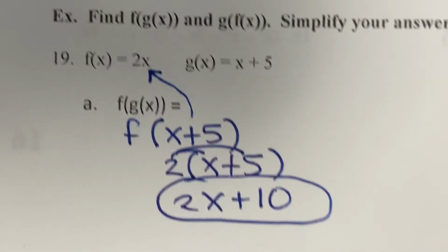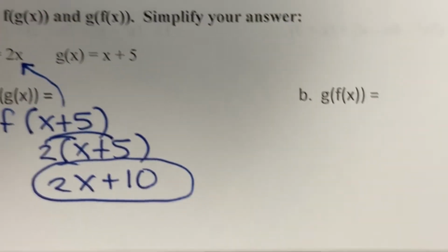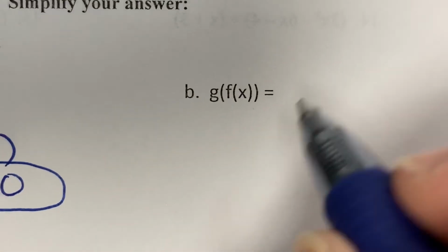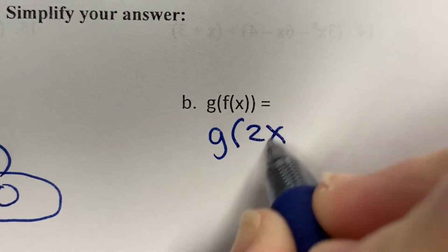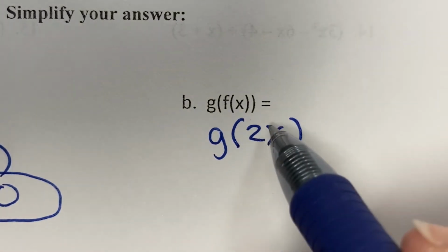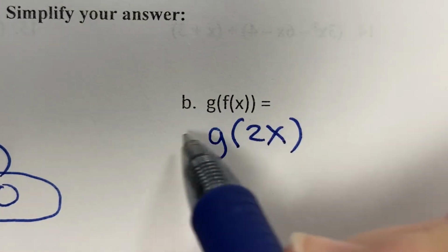So that is f of g of x. Now for the second example, we have g of f of x. Well, what is f of x? We know f of x is 2x. So again, we're substituting that into the g function.